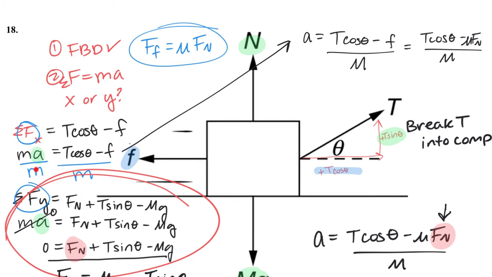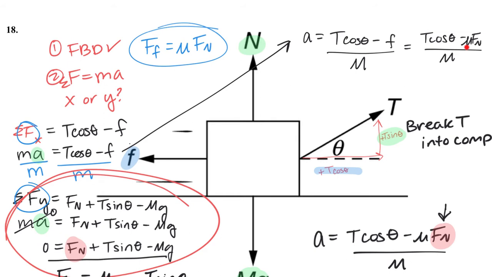With the x direction, I determined that acceleration was not 0 because the box is accelerating and we're going to have to solve for acceleration. So I solved for acceleration, and then I brought my equations over here for more space, and then I replaced force of friction with the force of friction equation, which is right here.